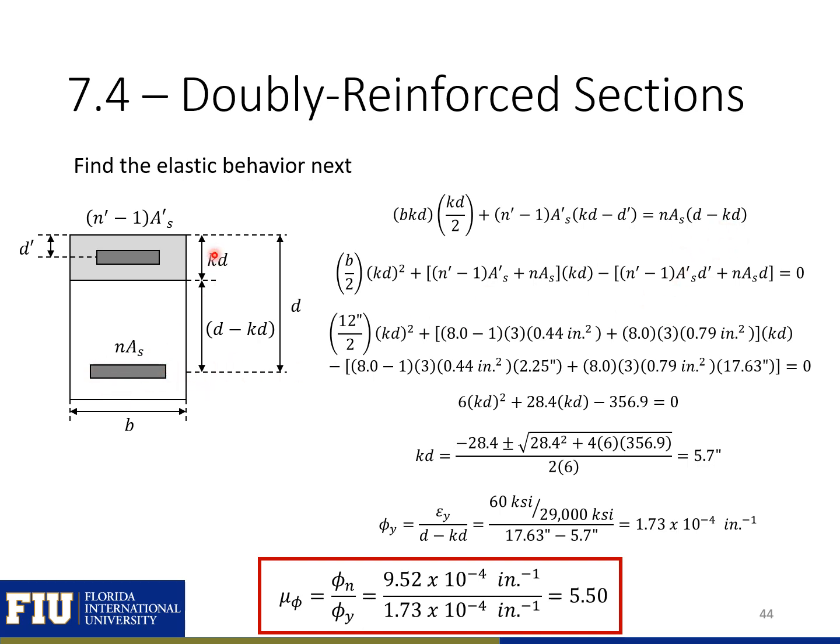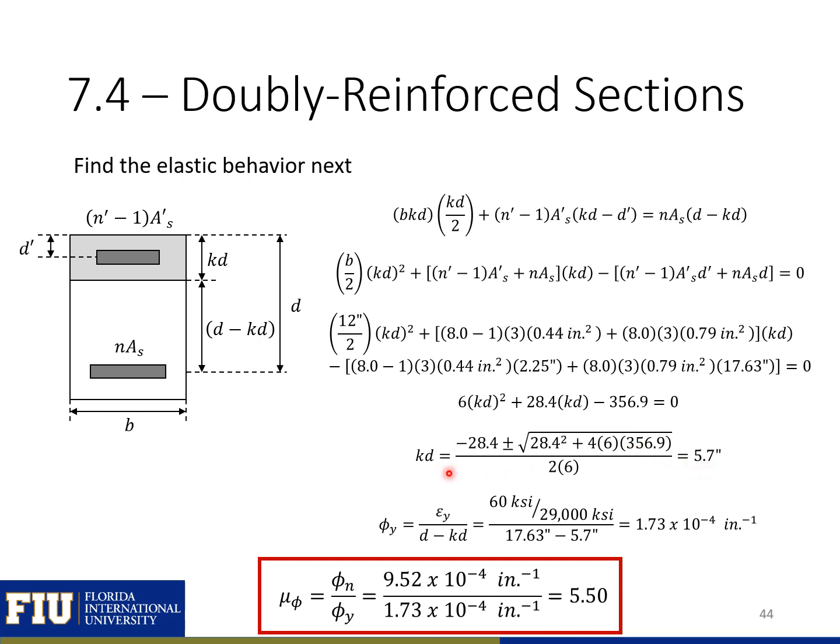So D minus KD gives us this distance here. We can then simplify all of this and solve for KD. Again, this will be in the form of a quadratic. And in this case, we'll find the KD depth equal to 5.7 inches.